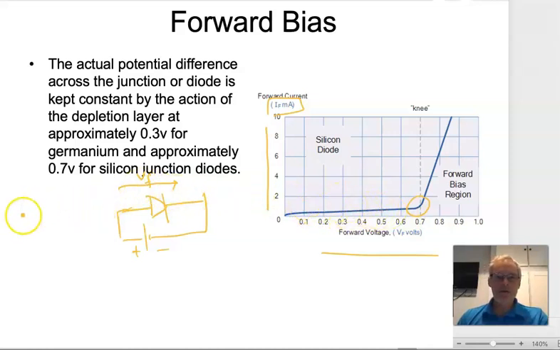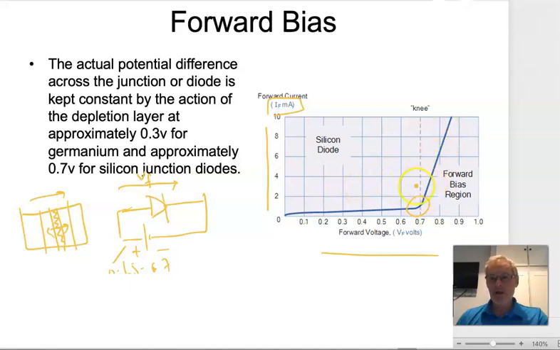At that point, the depletion layer is still a little bit too wide for current flow to occur. But as we get around 0.6 volts, 0.7 volts, this depletion layer becomes much smaller, and we get this inrush of current.